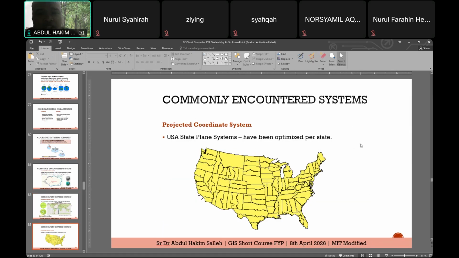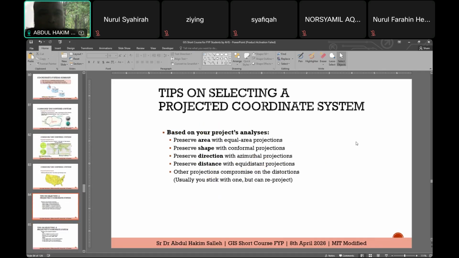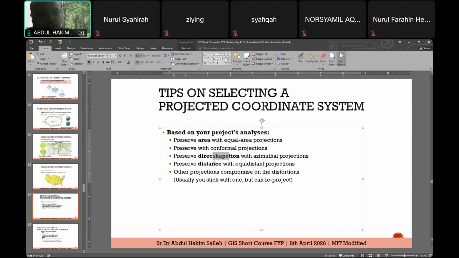Okay, similar to the previous one. Tips on selecting a projected coordinate system. This is very useful if you are dealing with an international company. Whether you want to preserve the area, the shape, the directions, or the distances, you need to choose. Usually if you preserve the area, you will not preserve the shape and the others.